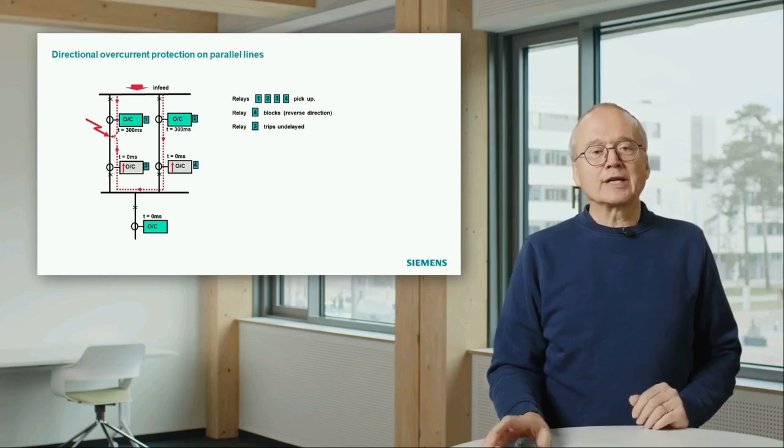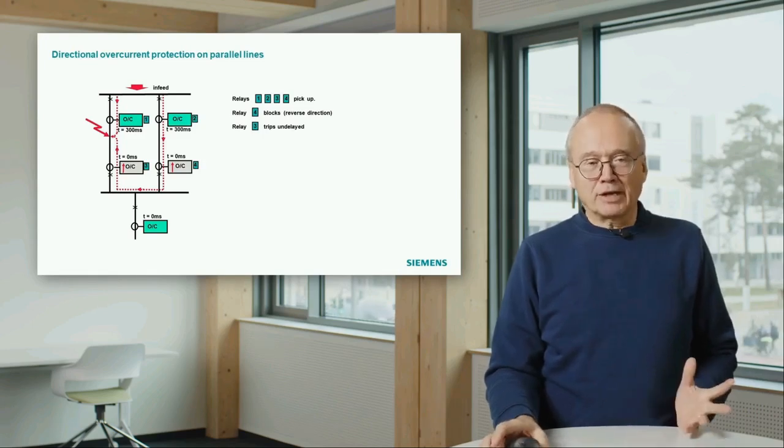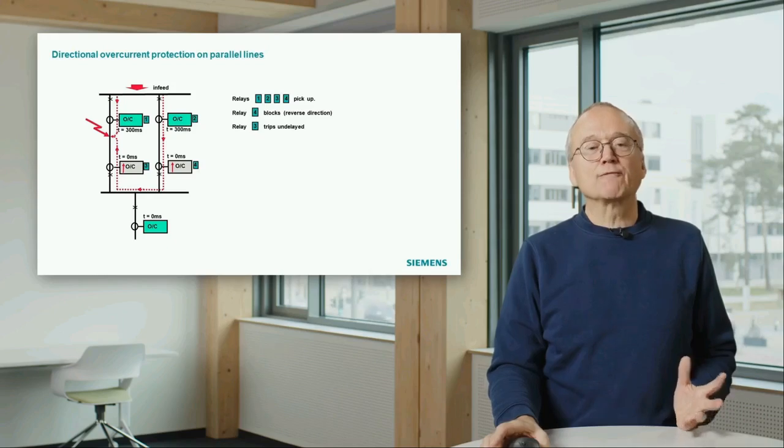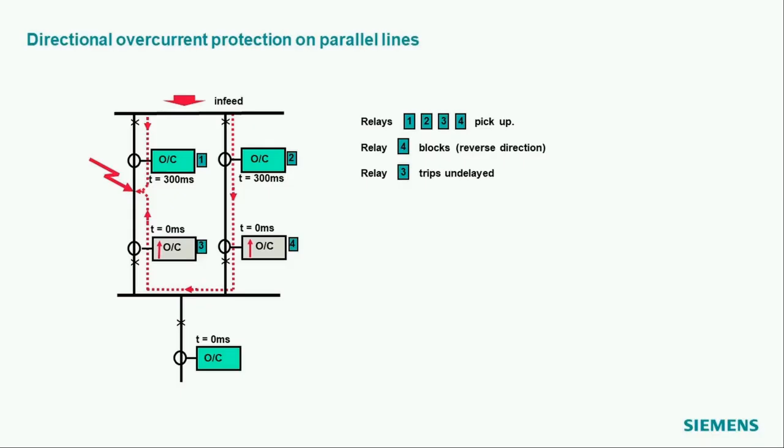all four relays in our parallel cable system will see fault current, and they will all pick up first of all. That means relays 1, 2, 3, 4 will pick up. And then we have these two relays on the lower ends, which are a little bit gray. They are directional relays.